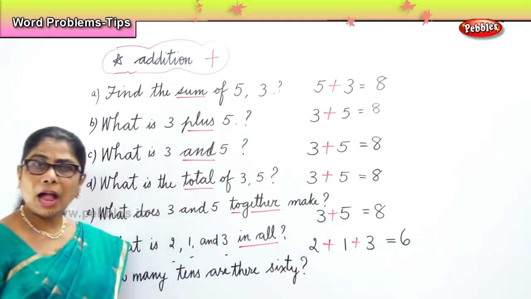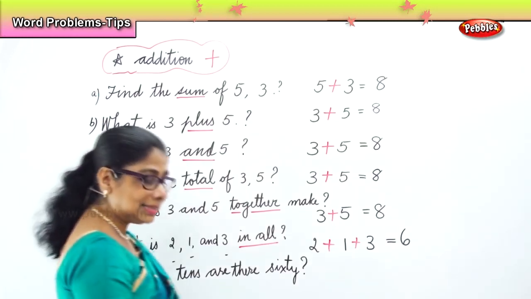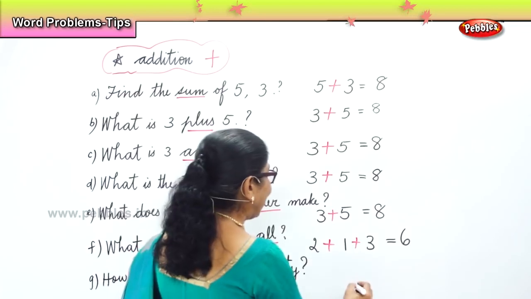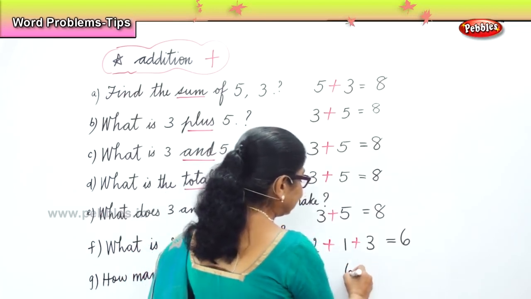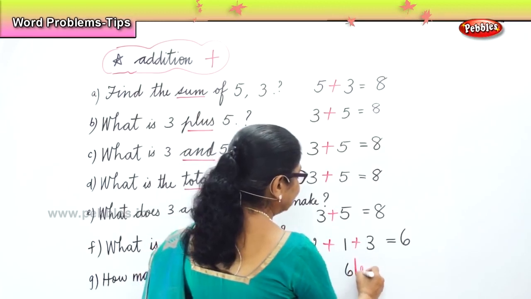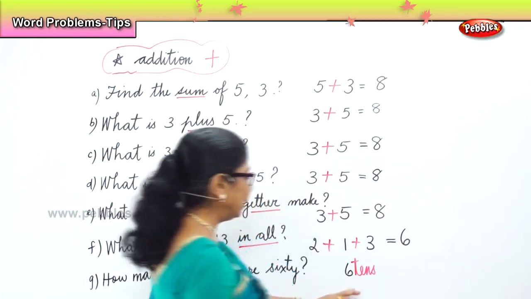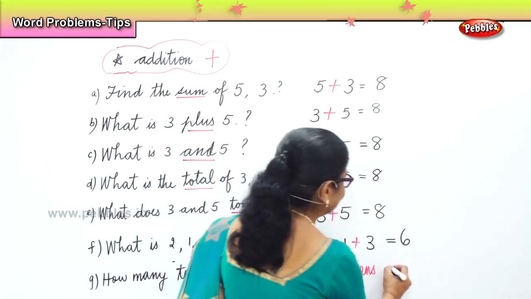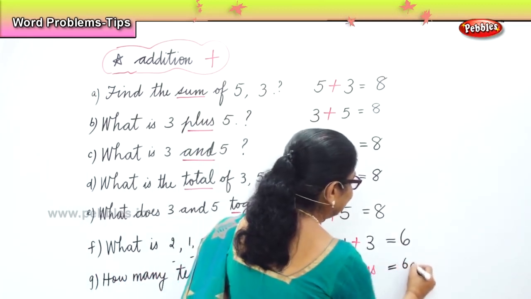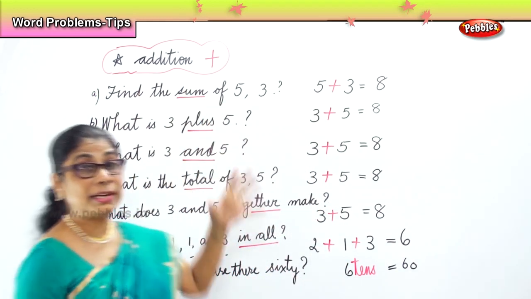That's another one. How many tens are there in 60? 6 tens. Very good. You have 6 tens. What is 6 tens? 6 tens equal 60. You get 60.